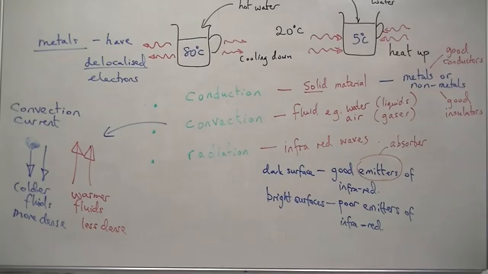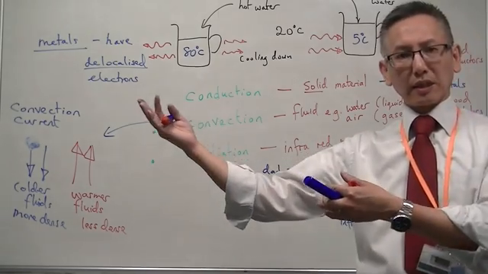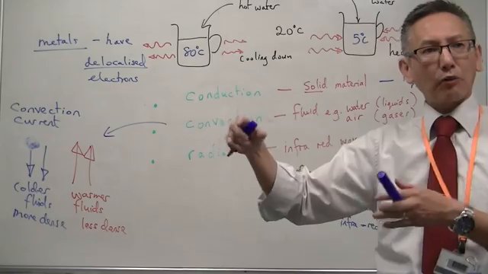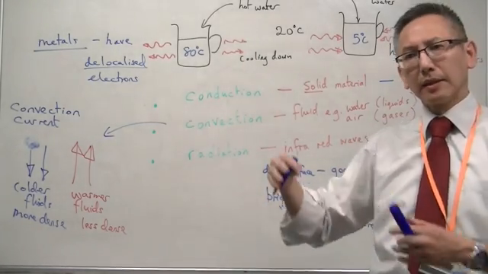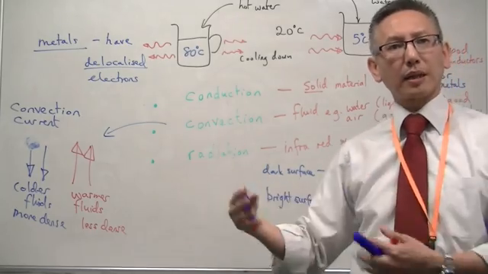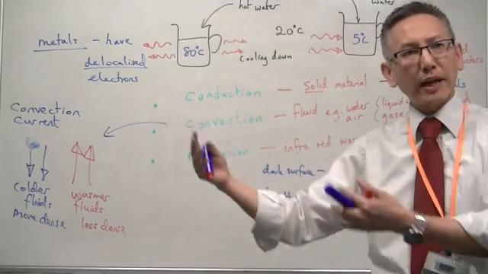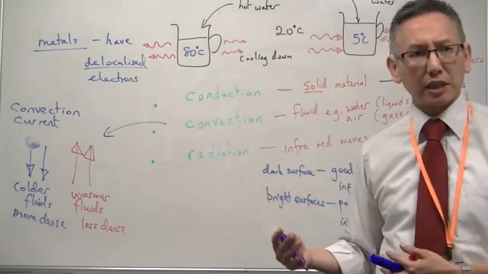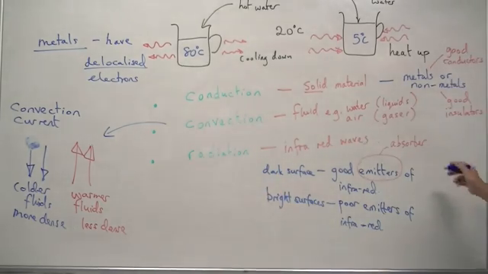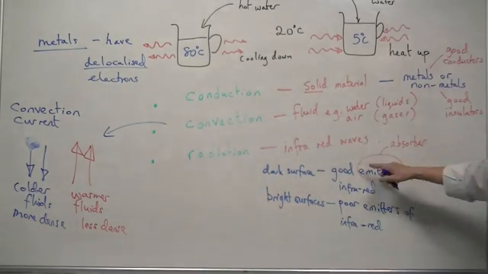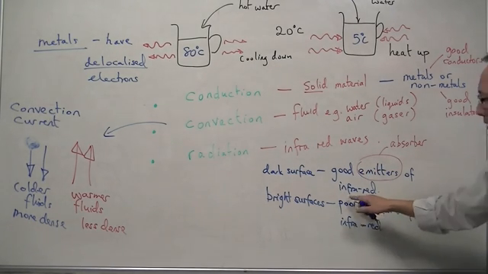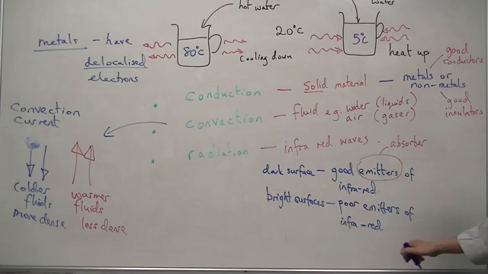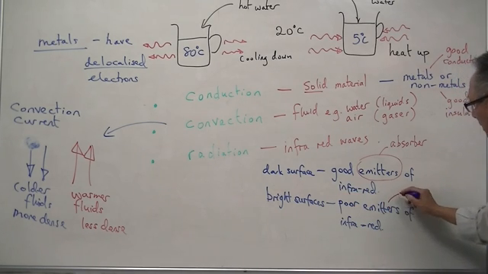It is why if you get in the summer, you get into a car with a black interior, it feels warmer than the same car which has a brighter, say for example, a grey or a beige interior. Okay? Right? So, dark surfaces make good absorbers of infrared. But the same thing now says that brighter surfaces are poor absorbers.